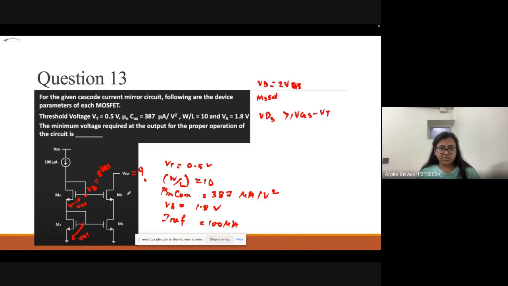So from this transistor, V output is greater than or equal to VB minus VT. So V output minimum is greater than or equal to VB minus VT, which is equal to twice of VGS minus VT.